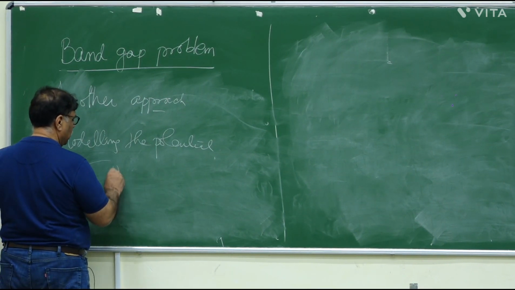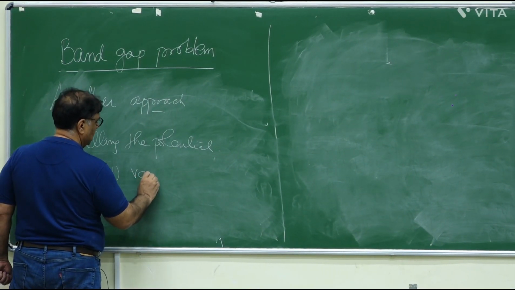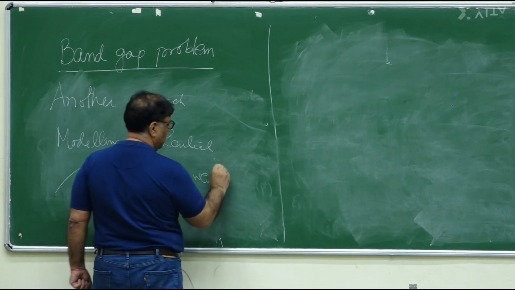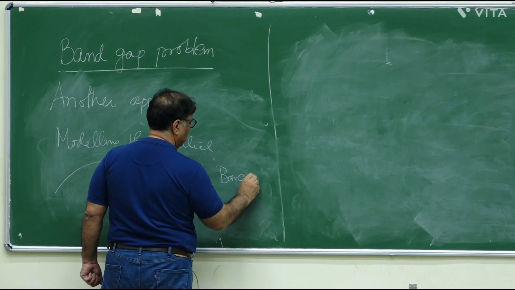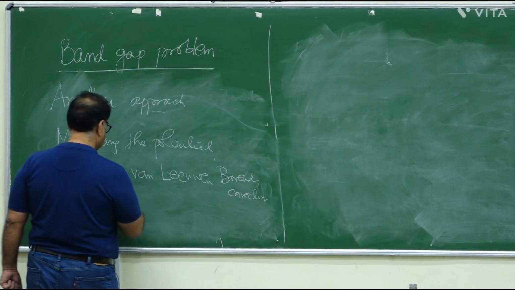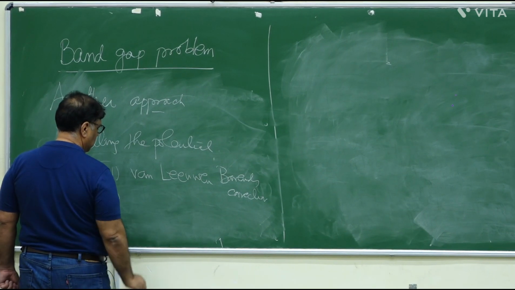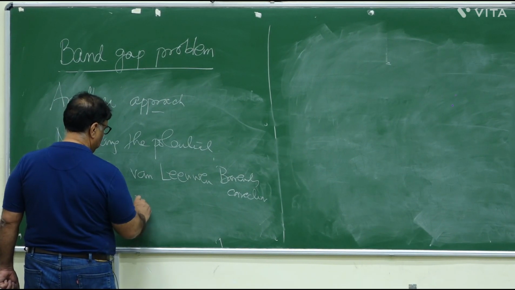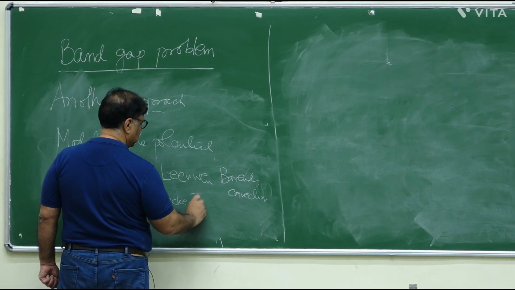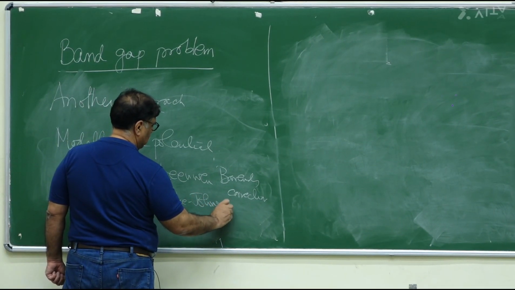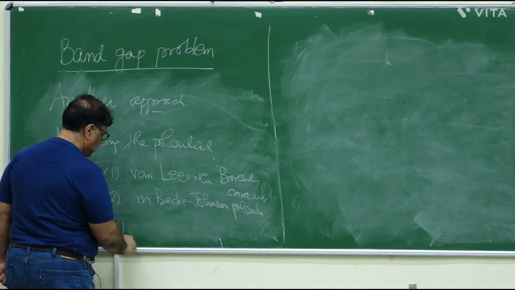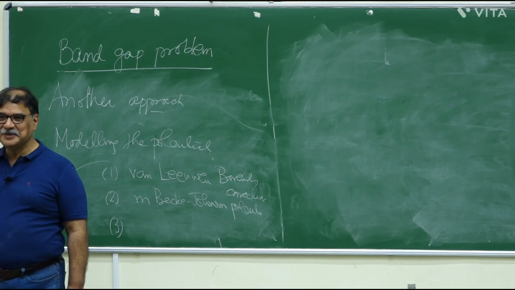So there is something called the Van Leeuwen finite correction. There is something called the modified Becke-Johnson potential, and a third one, what should I say?